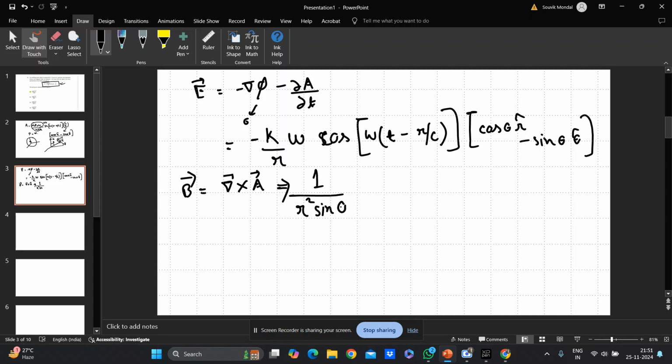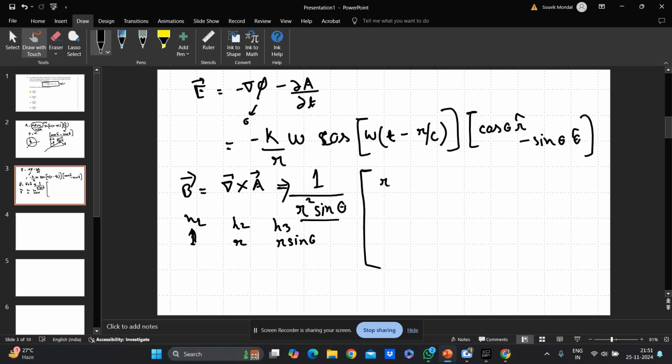Okay, so you know from spherical polar coordinates, if you read curvilinear geometry from your mathematical physics class, the first term h1 is 1, h2 is r, and h3 is r sine theta. So the product of the three terms goes in the denominator.